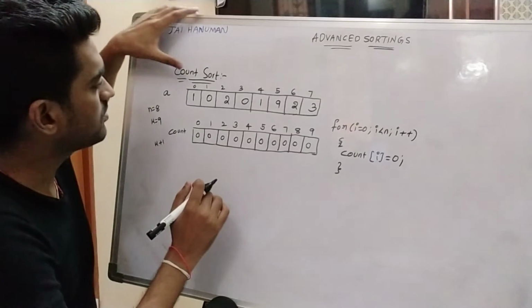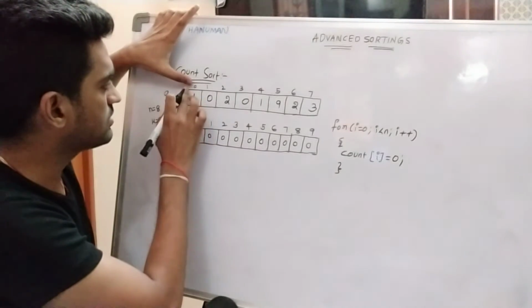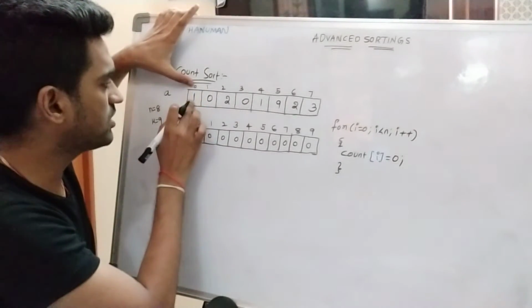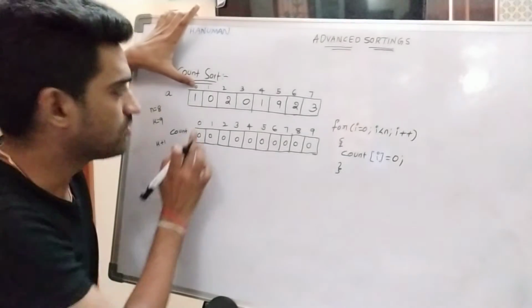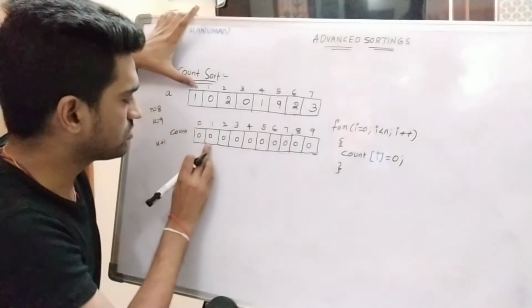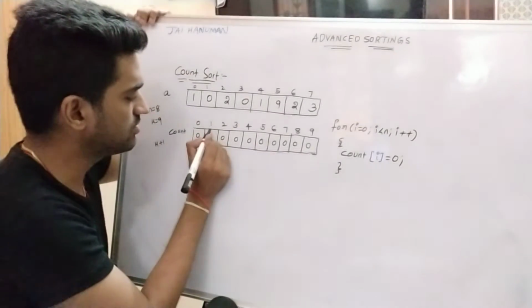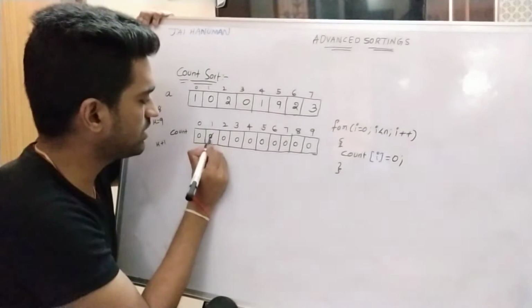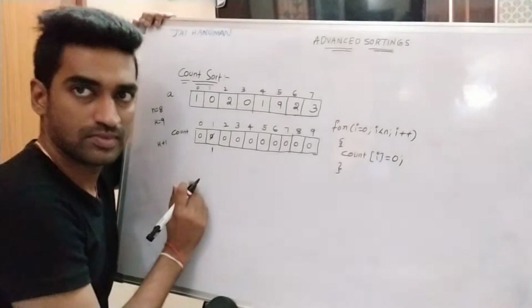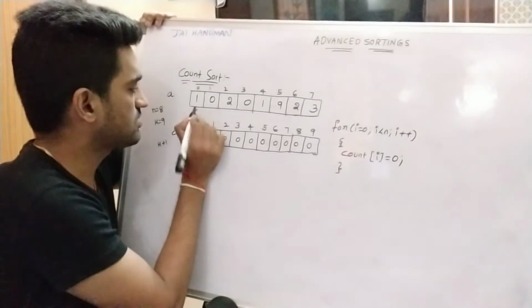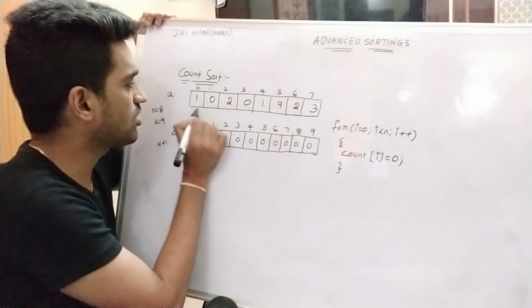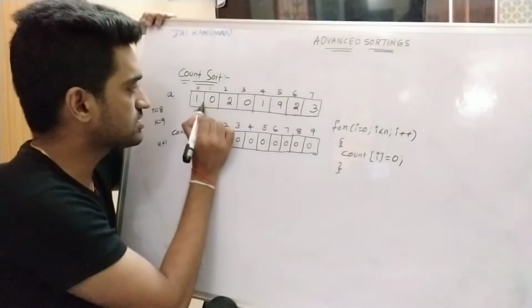Coming to this array, at the 0th index, what is the element? 1. So go to the first index position, and this is incremented by 1. So this is completed. What is the next position?